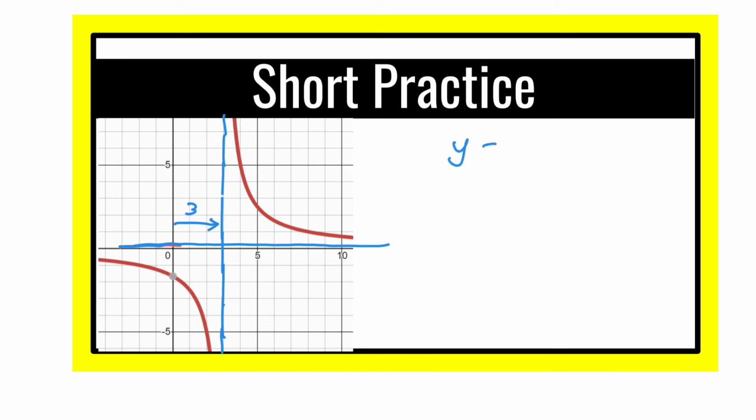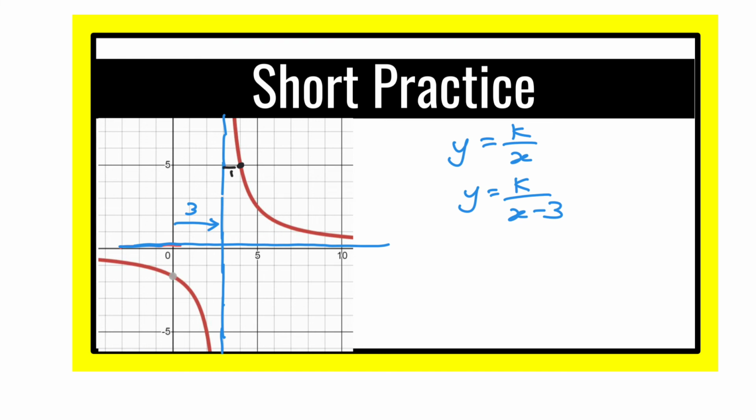My general equation is y equals k over x. Now when it moves right 3, it's minus 3. So y equals k over x minus 3 is my general equation. Now, how far from the asymptotes is the graph? So if I mark a point, there's a point on the graph.